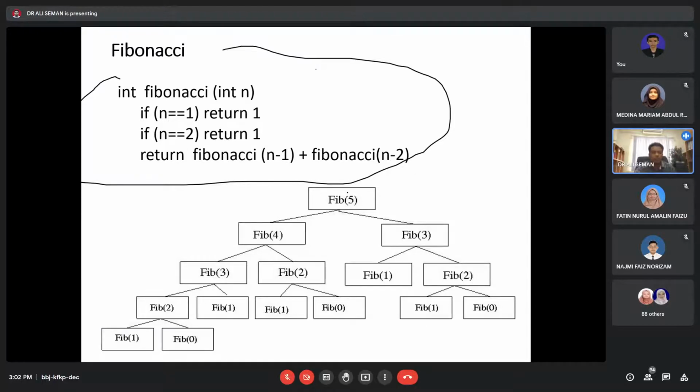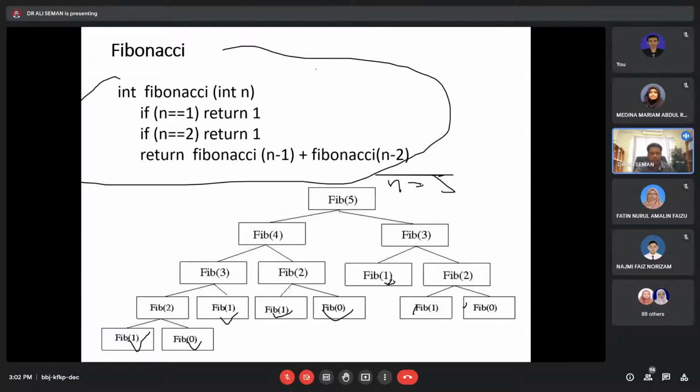So when we apply that, let's say n equals 5 here. So 5, then 4 and 3, right? 4 minus 1 is 3, 4 minus 2 is 2, and 3 minus 1 is 2, 3 minus 2 is 1, and so on and so forth until we stop here.